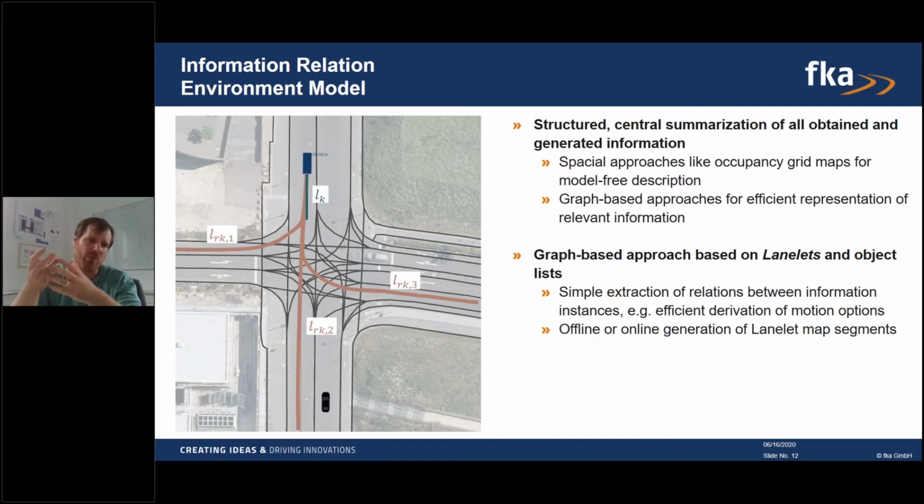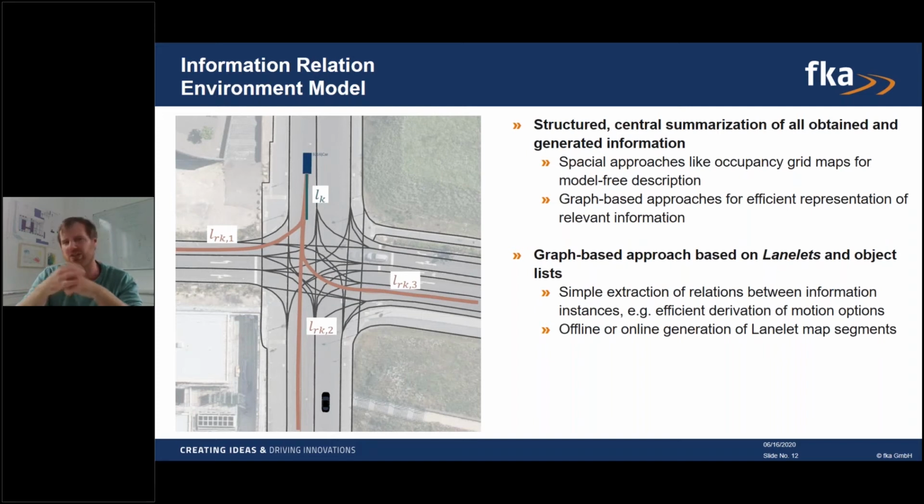Another way, especially if you think of automated driving in structured environments like roads, for example, on highways or even urban areas, you have a really structured environment with normally lanes, separate bicycle lanes, pedestrian walks, intersections, etc. So you can come up with some other representation, for example, a graph where you can gather all the information.